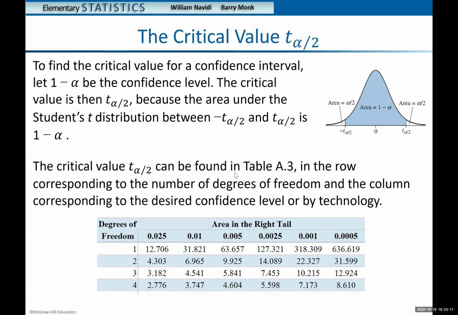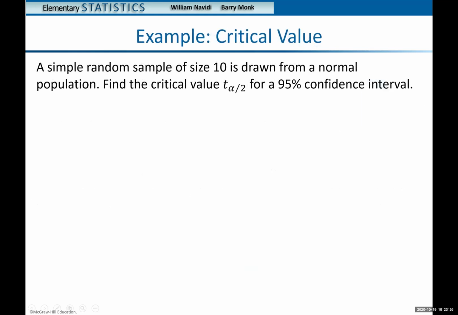Of course, we want to use the shortcuts, right? Because we are solving for t alpha over 2. What do we use again from 8.1? How do we get the critical value?